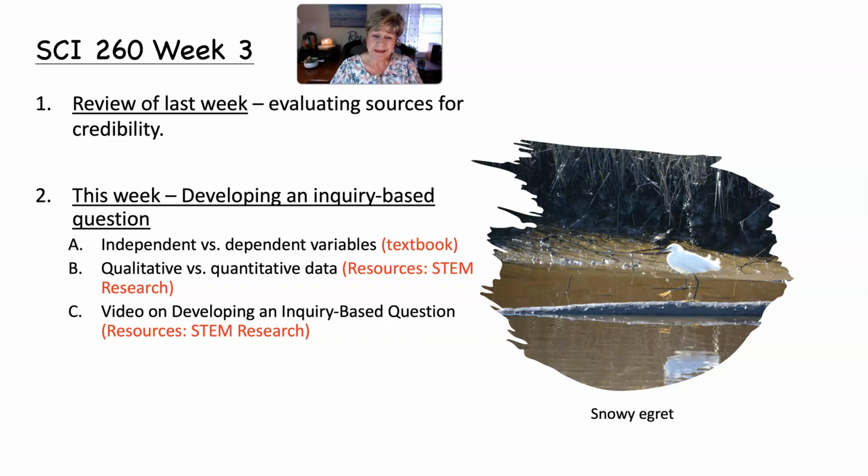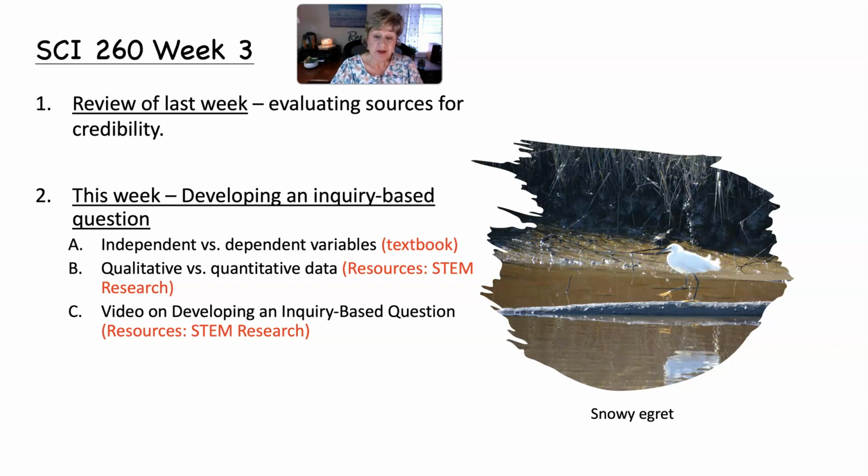You will look at independent versus dependent variables. The independent variable is the one that the scientist manipulates. It can be time. So you're examining what happens to some particular topic over time. So you're manipulating the time, right? And then you want to see what happens to this particular variable.